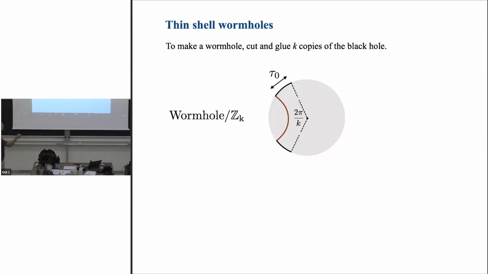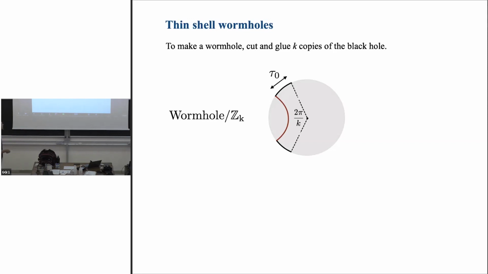So we chop off a piece of this wormhole. The red line again is the thin shell. So this is being glued to a vacuum region. I'm going to stop drawing all those glued vacuum regions from now on, but they're always there on the other side of the shell. So we take a piece of this pure state black hole, we chop it with an angle here, 2 pi over k.